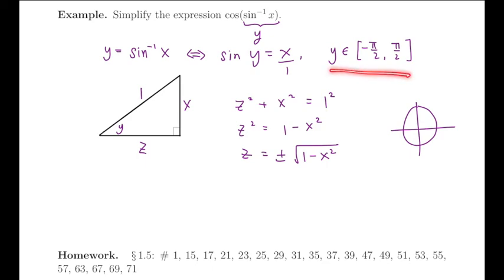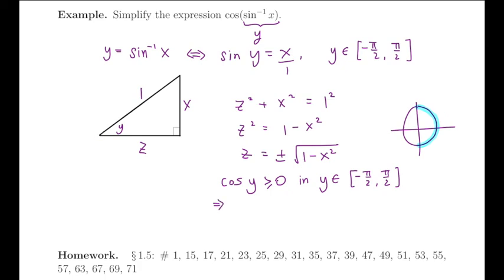If y is between minus pi over 2 and pi over 2, then we're looking at these two quadrants, so you're somewhere along there for the y value. And cosine is always positive there again. So that means we're going to take the positive sign. So cos y is bigger than or equal to 0 in the interval from minus pi over 2 to pi over 2.